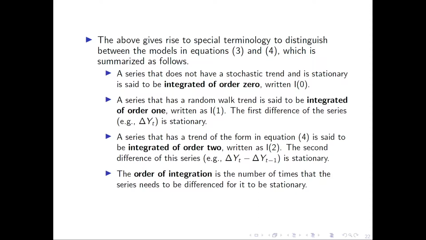So to sum up the idea of a trend or non-stationarity, we can look at equation 3, which is yt equals beta naught plus beta 1 yt minus 1 plus the error term.